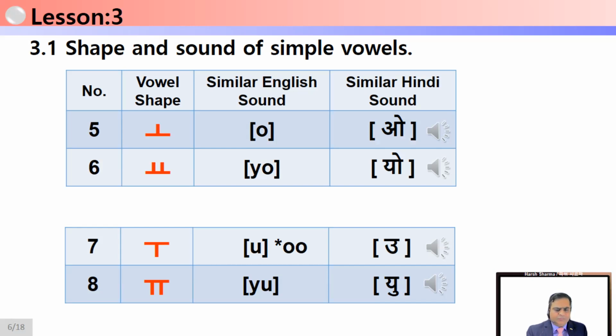Now, can you do repetition with me? Let's start with number 1. See in your notebooks and pronounce. First vowel is ah. Repeat after me. Number 2, ya. Number 3, aw.